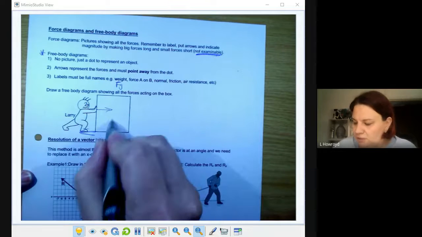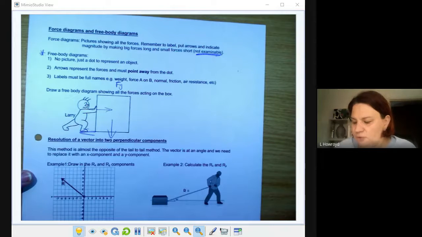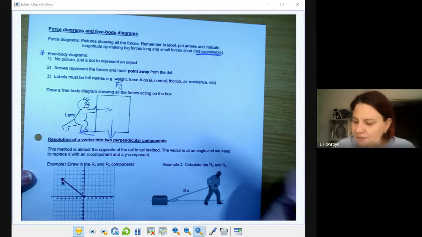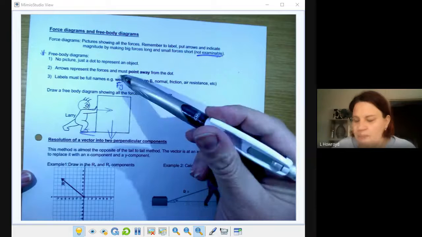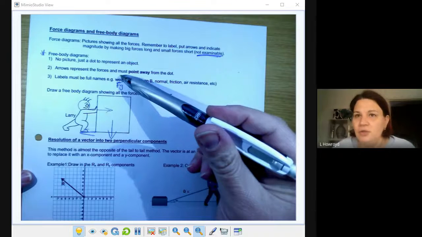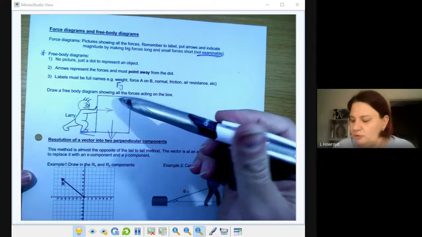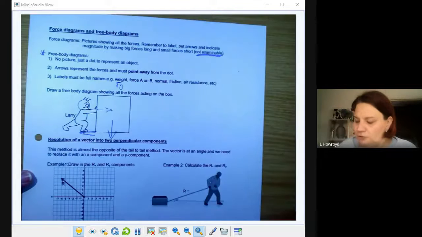The box will experience a force on the ground because of its weight. There is another force pushing back up from the weight, but I'm not going to include that now. I'm only going to do the forces that you are familiar with.